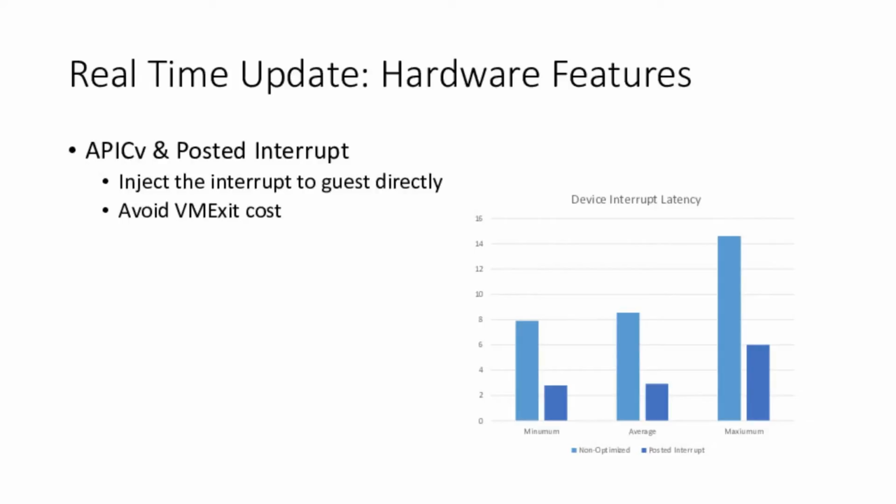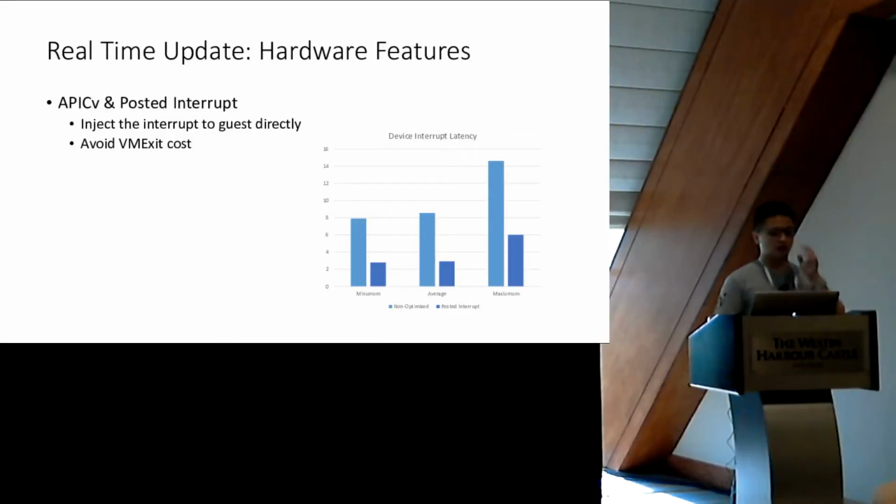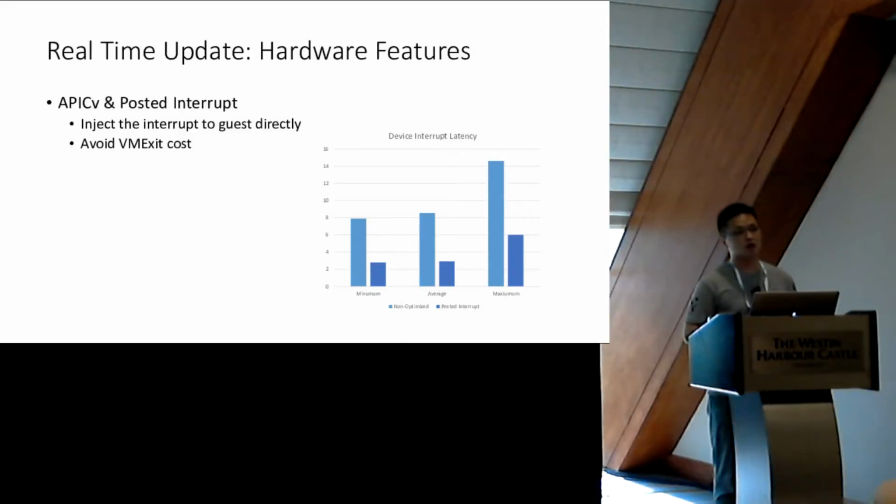The second feature I will introduce is APIC virtualization and posted interrupt. Actually, this feature has been mentioned many times in this KVM Forum. This feature can directly inject the interrupt into the VM. The interrupt includes local interrupts, for example, IPIs between CPUs, and also external interrupts, for example, an interrupt generated by a PCI device that is passed through to the VM.